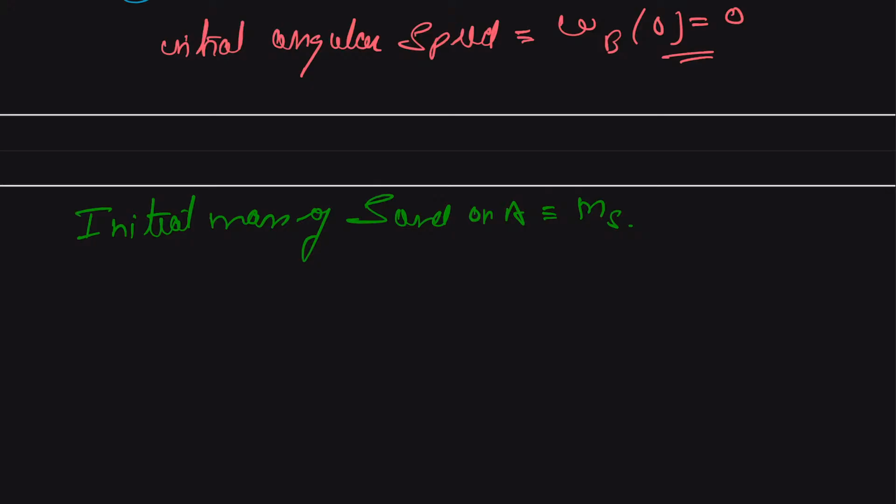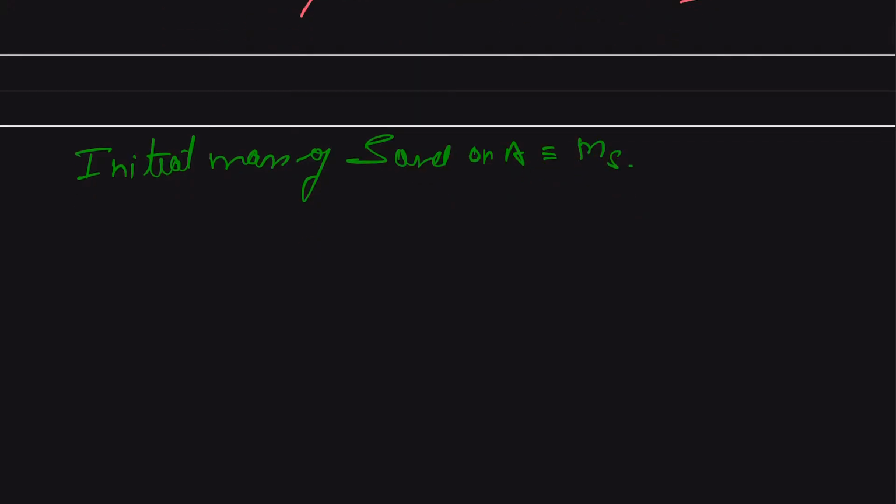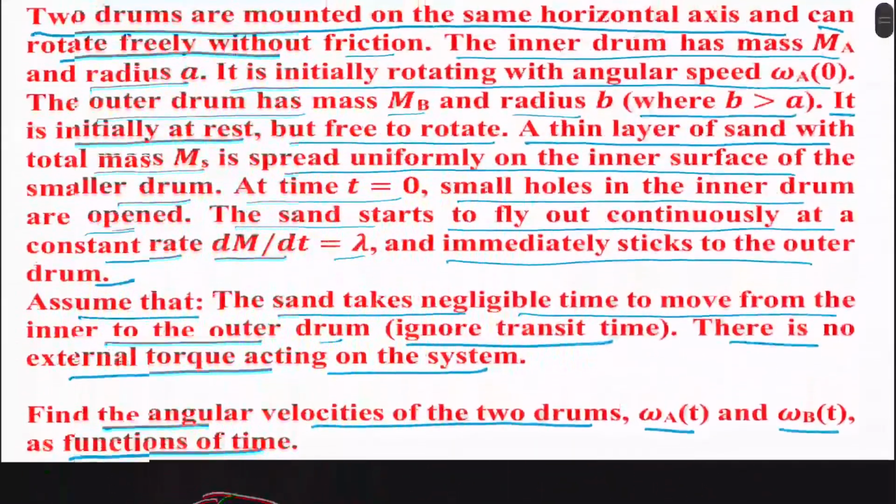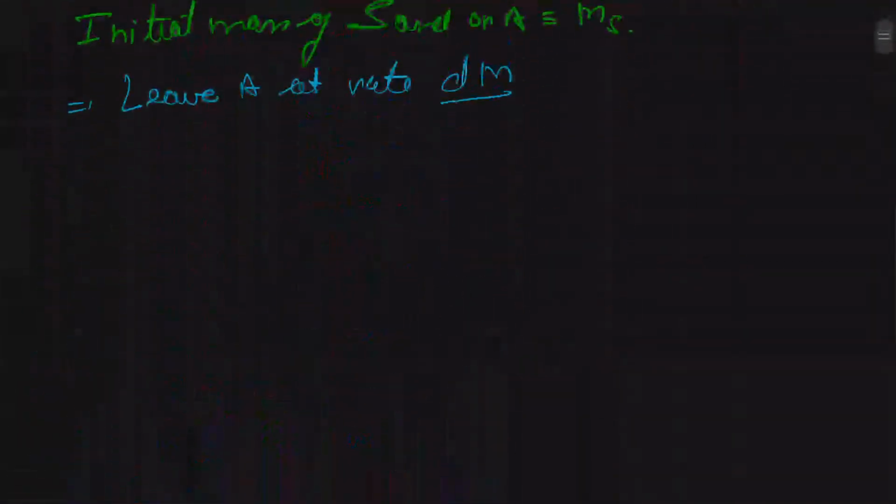Okay. And this sand leaves A at a rate, and that rate is given as dm by dt, and it is given as lambda. Okay.